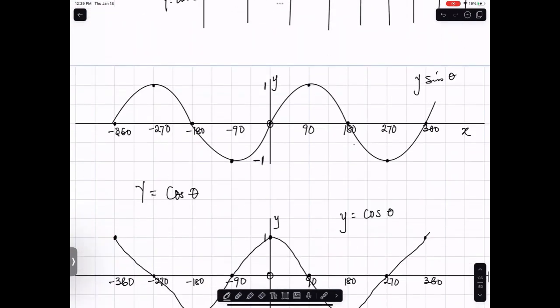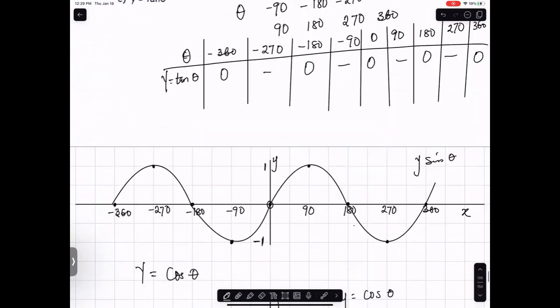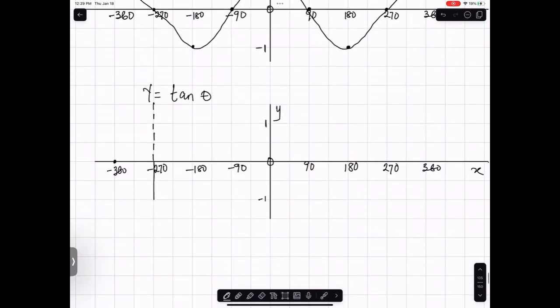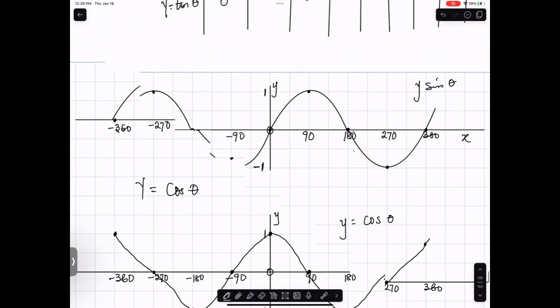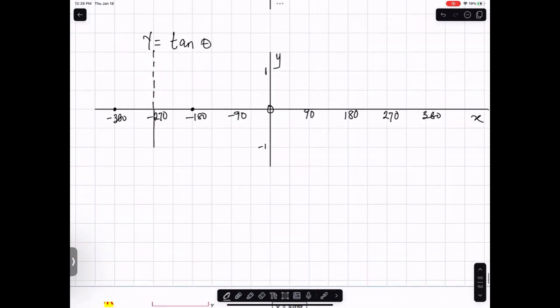Then when it is negative 180, we have our value as 0. When it is negative 90, it's also a math error. There's no value, so I'm going to have this line drawn down here because there's no value for that.